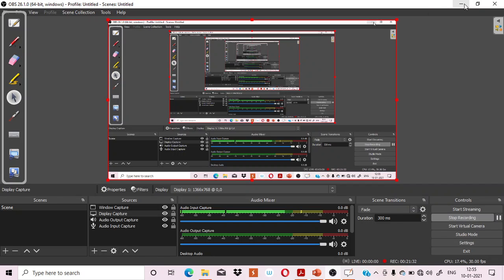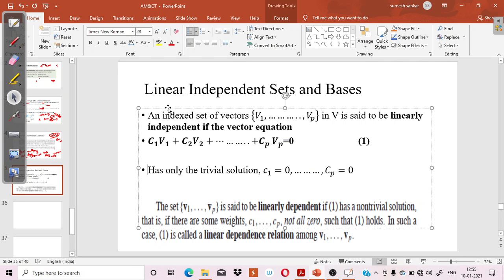Moving on to the next topic, linear independent sets and bases. Linear independency of vectors.